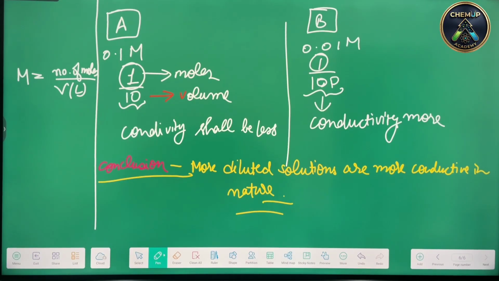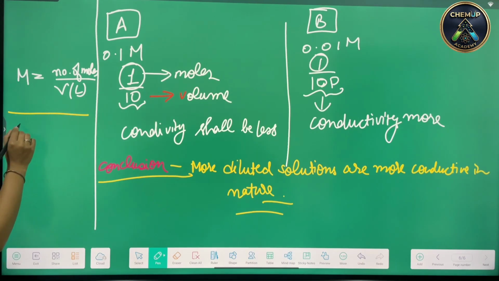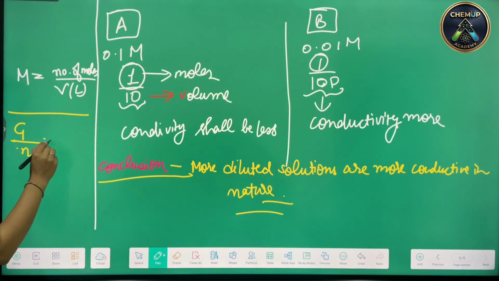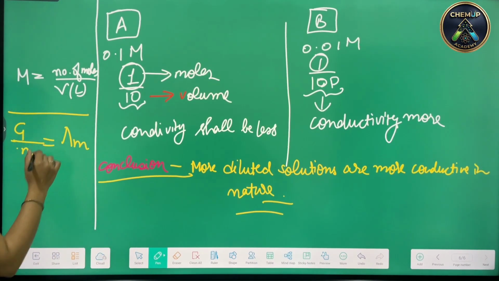And if we talk in terms of the formulation of this, it could be represented as G upon N is equal to your molar conductivity. Since I am taking per volume, I would take a divide over this.